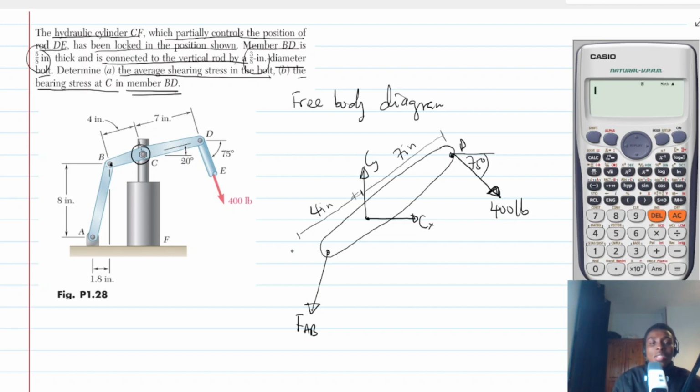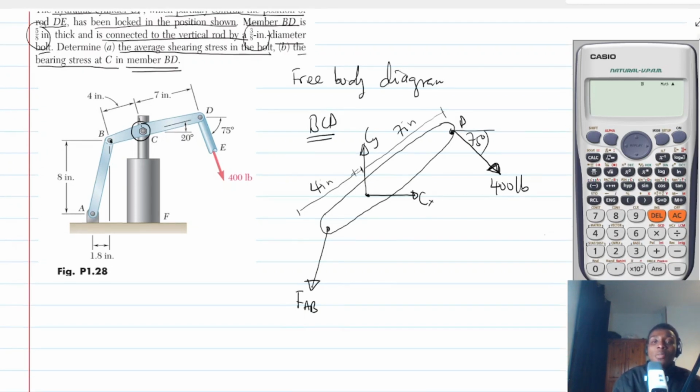So this is the free body diagram of the rod, or no, the system actually. So we are choosing BCD, and then we are looking at the free body diagram on BCD. Okay. So the first thing to do is to find our forces, and then we will find the shear stresses.